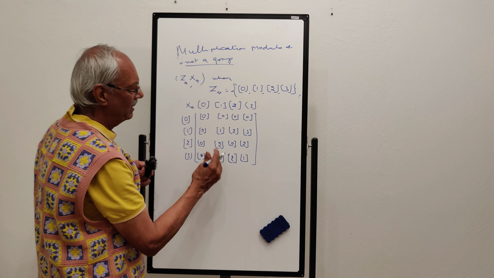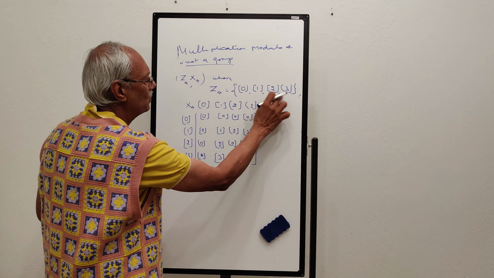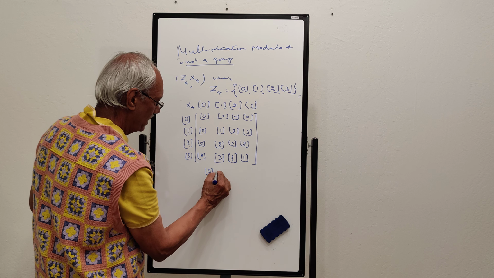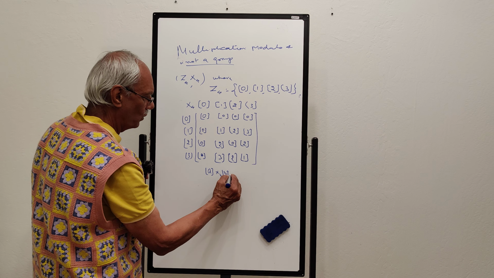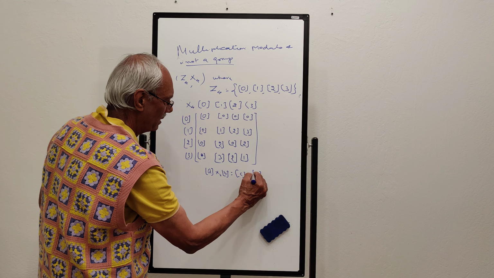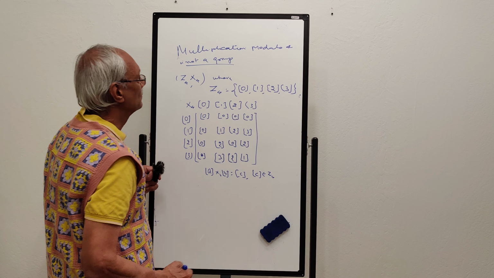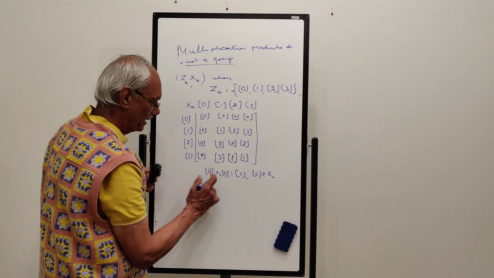Now you will find that if you take any two elements A and B in Z4, A multiplication modulo 4 B will be equal to C, and C belongs to Z4. So the closure property is satisfied.